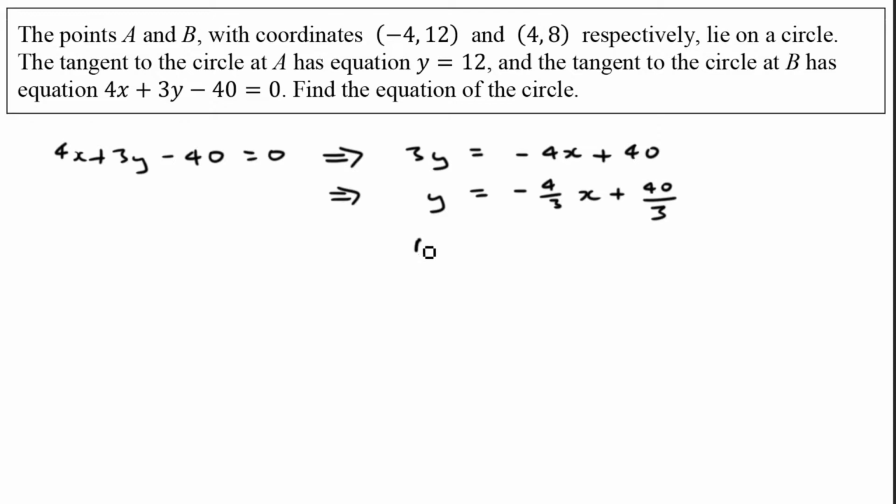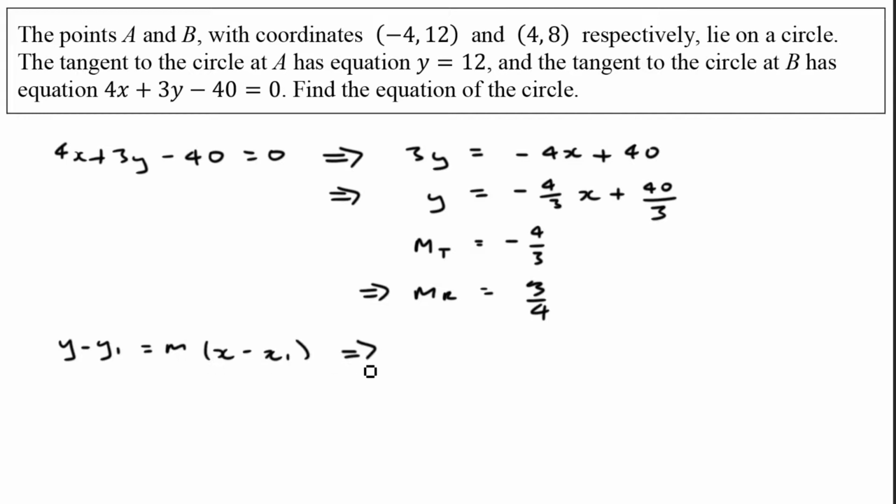In other words, the gradient of that tangent is -4/3. That means that the gradient of the radius through B is 3/4. We know that that line passes through the point B, which is (4, 8). So using y minus y1 is m times (x minus x1), we have that the equation of that radial line through C and B is y subtract 8 is equal to 3 over 4 times (x subtract 4).